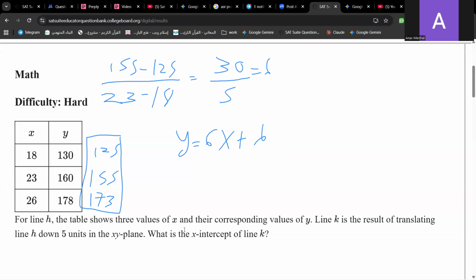For example, let's substitute 125, the first point, plus b. Now shift this to the other side. 6 times 20 is 120. So 6 times it will be 112. H plus 5 is 13. So b is equal to 13.